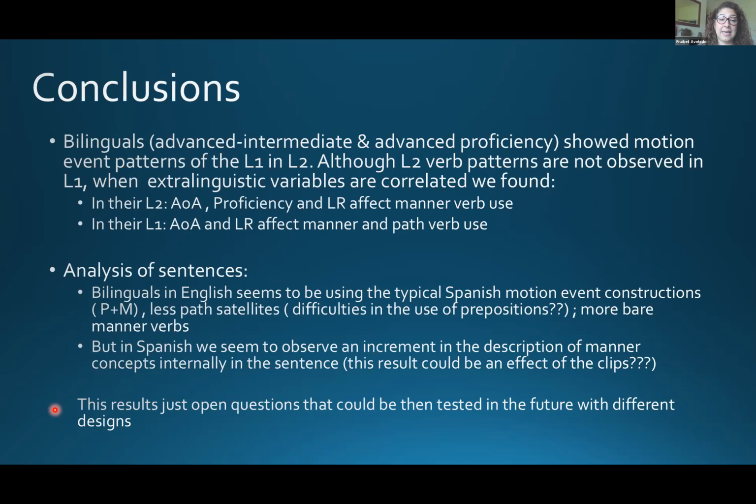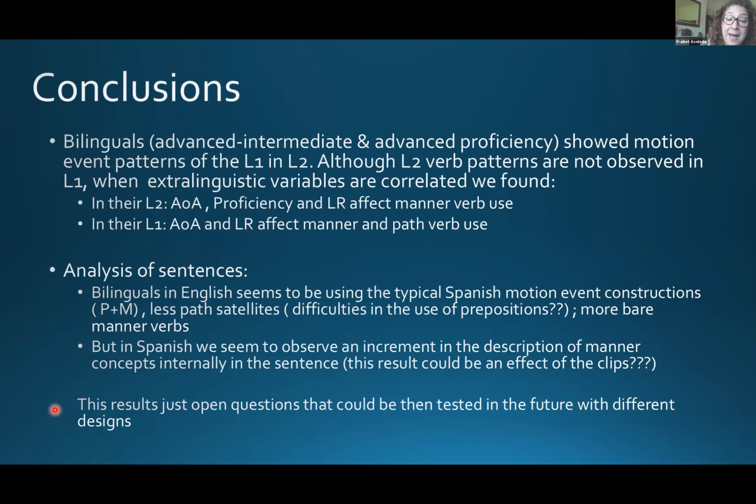In relation to the analysis of the sentences, these preliminary findings seem to be suggesting, first, that these bilinguals are still, in English, using the motion event construals from Spanish, of course less, but we observe the presence of this L1 motion event pattern in English.